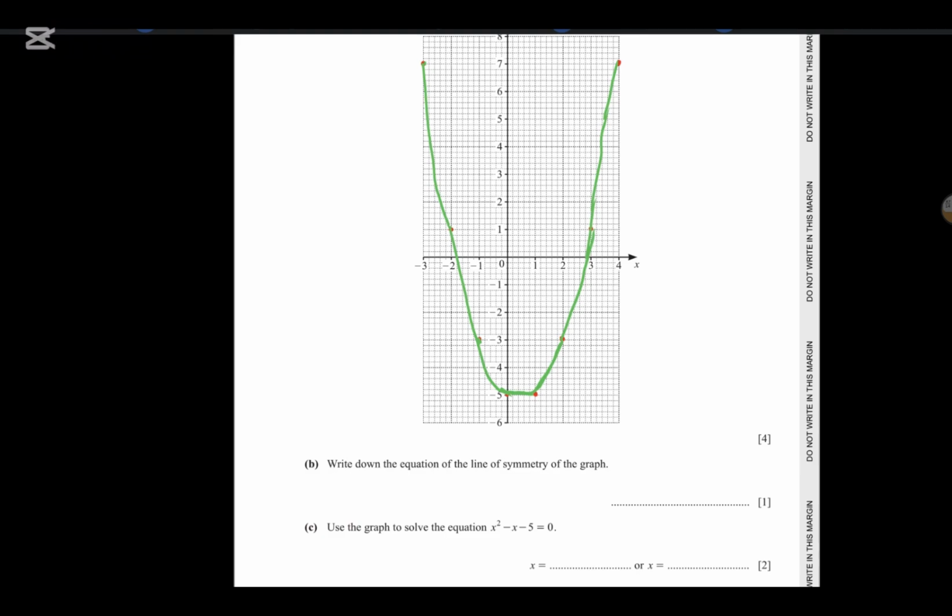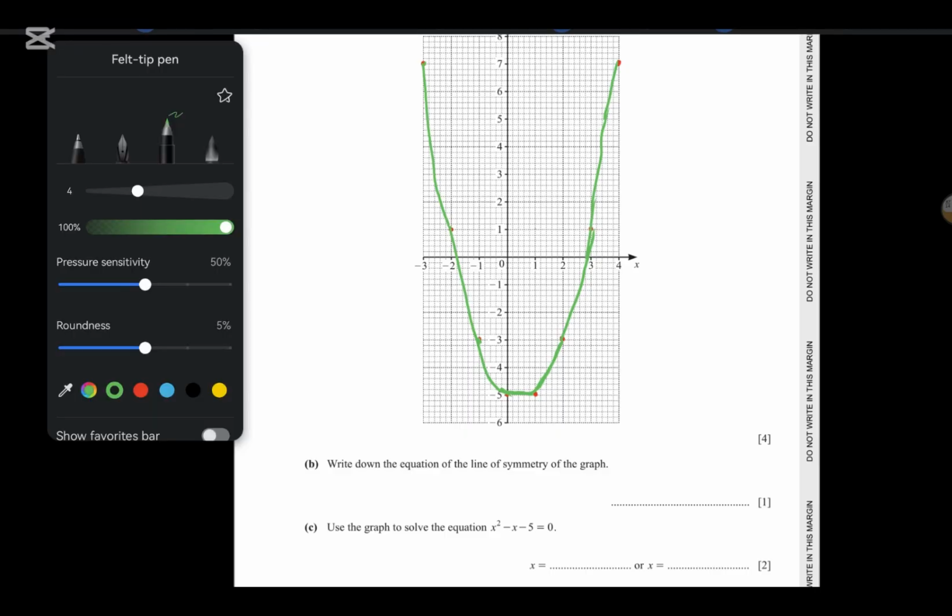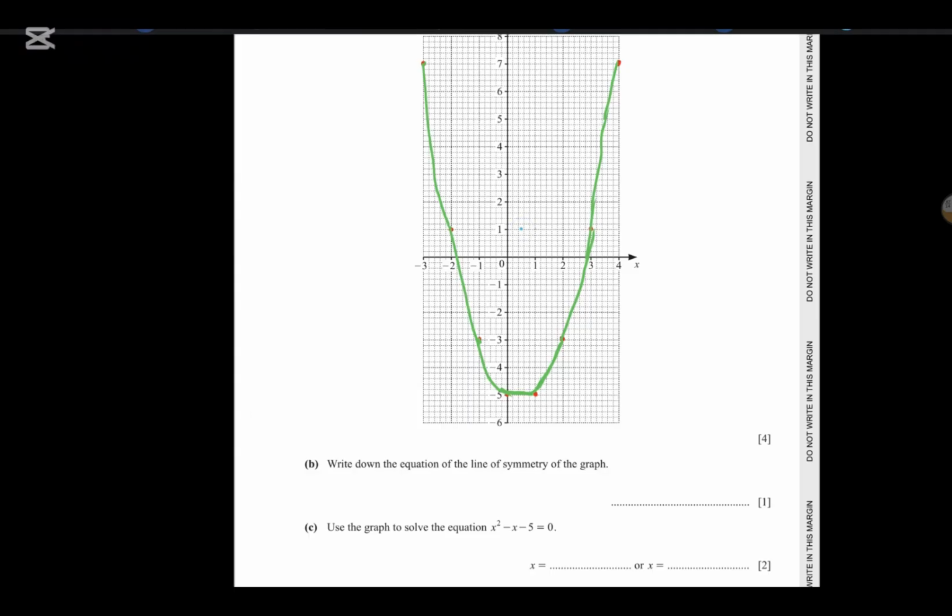So the exact between line will be in between these two. So it should be in between this, after 1 and 2 here. So that will be the line of symmetry.